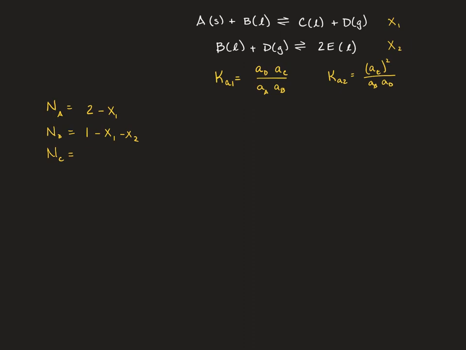C will be started with none and appearing in reaction 1. D is starting with 0, appears in reaction 1, disappears in reaction 2. And E is going to appear in reaction 2, but twice the extent of reaction because of the stoichiometric coefficient.